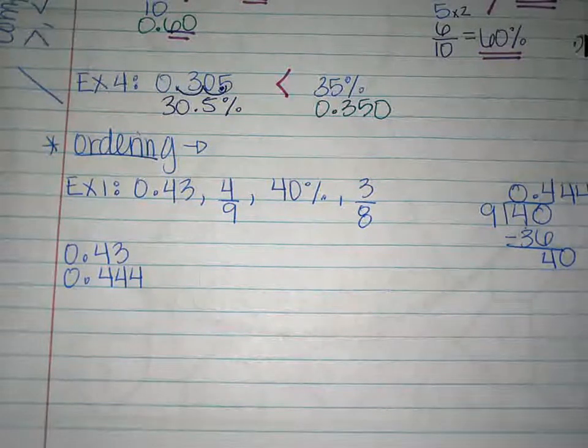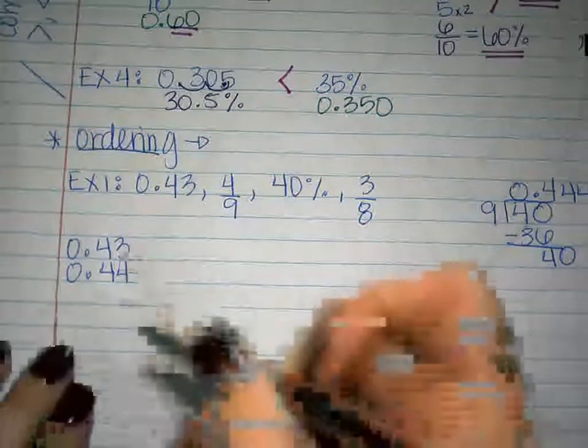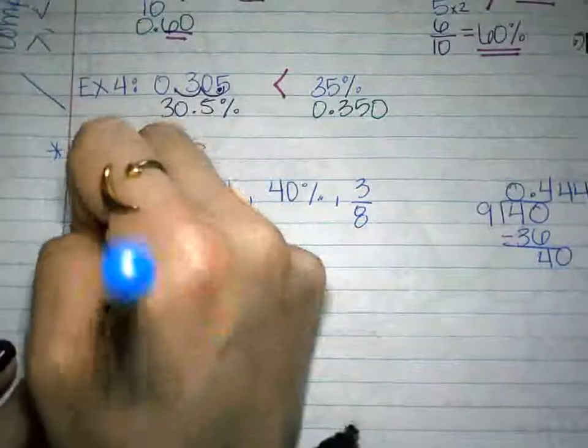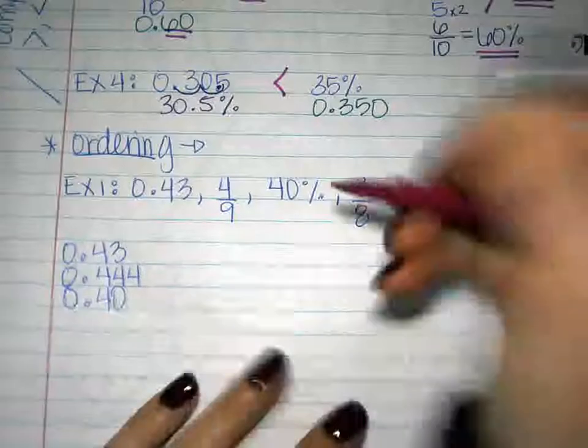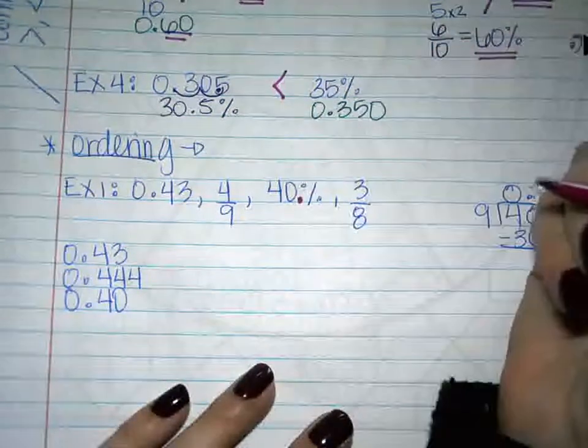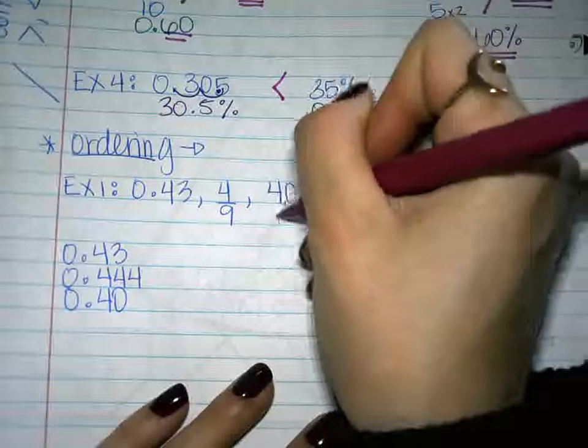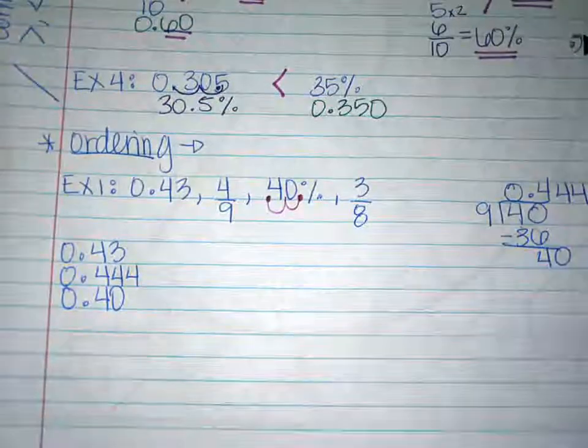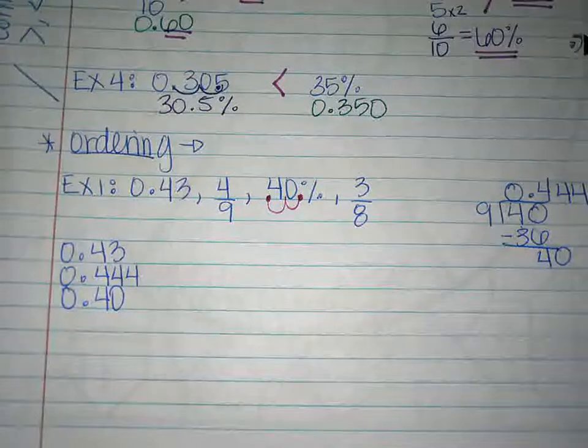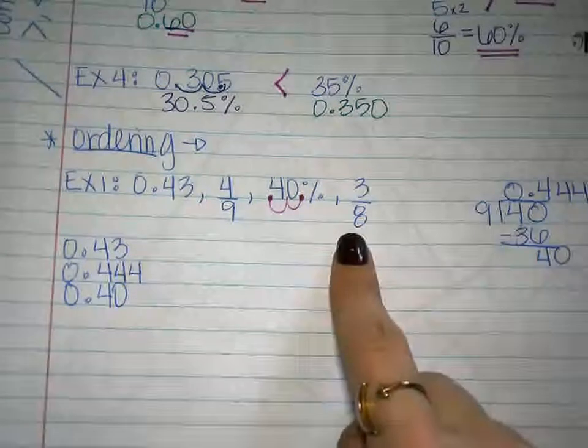Okay, Ben, what'd you get? 0.40. Very good. Because I'm going to take that decimal, which is right behind that 40, and move it 2 places to the left to make that 0.40.